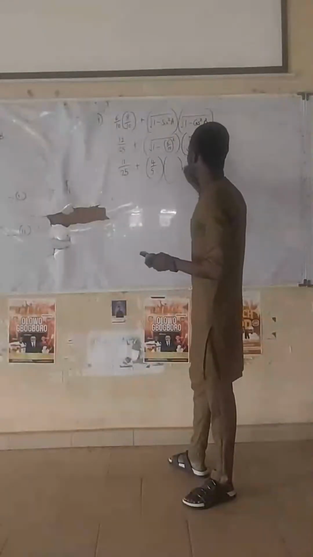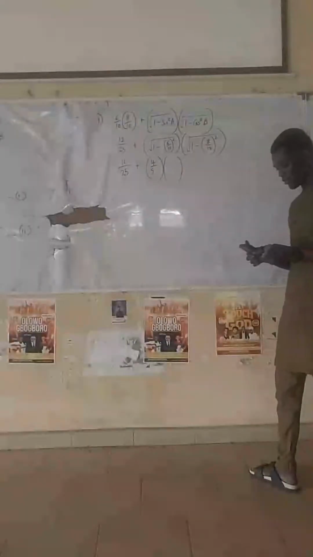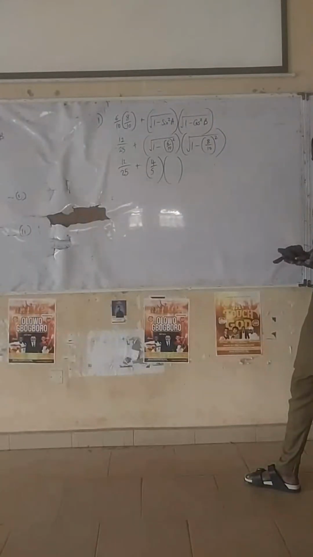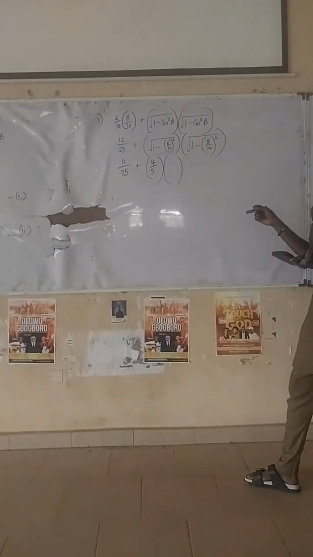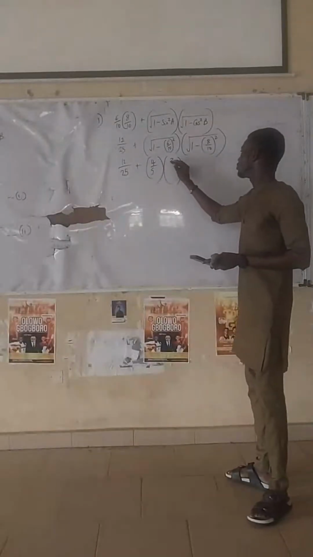That's 4 over 5. We do the same thing for the second one, step by step. That's 8 over 10 from the calculator. We have 4 over 5 in the simplest form. When you square it, that's 16 over 25. Then 1 minus answer, that's 9 over 25. What is square root of 9 over 25? That's 3 over 5.